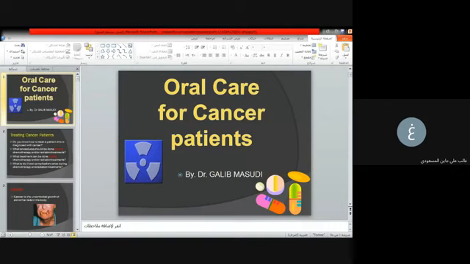Saline solution, soda, water without alcohol, non-alcohol fluoride rinses. We said these are within preventive measures, but we have to organize them for the patient.